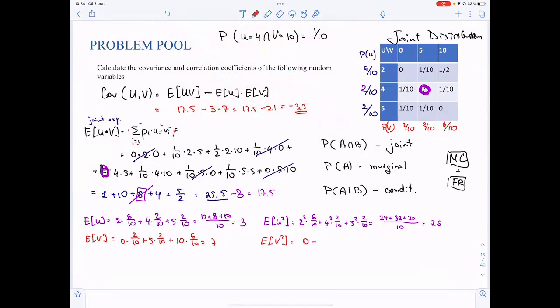There's gonna be 0 plus 25 times 2/10 plus 100 times 6/10. All right, so it's 5 plus 60. So it is 65, is it? Wow, that's huge. All right.